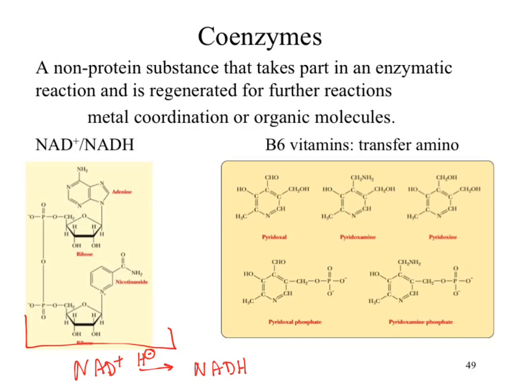If we take a look at our B6 vitamins, those are used to transfer amino groups. The structures may not be obvious on how they're doing it, and ultimately I don't really care. So don't stress too much on it, but that's what they're doing. Our NAD plus and NADH is going to become super important. Again, I keep picking on you, Mike. That's fine.